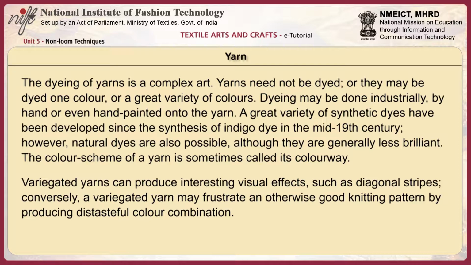However, natural dyes are also possible, although they are generally less brilliant. The color scheme of a yarn is sometimes called its colorway. Variegated yarns can produce interesting visual effects, such as diagonal stripes. Conversely, a variegated yarn may frustrate an otherwise good knitting pattern by producing distasteful color combinations.